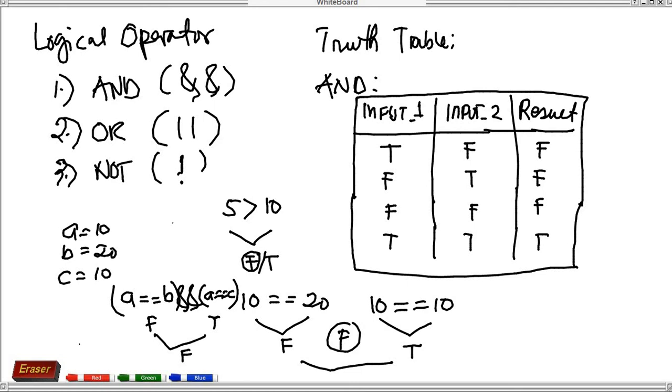That is why it is important for you to know the truth table, so that you'll be able to identify whether your result is true or false, whether the input is true and the output is true or false. So take note, A is equal to B and A is equal to C, these are the inputs. 2 inputs. So that is for the AND gate.